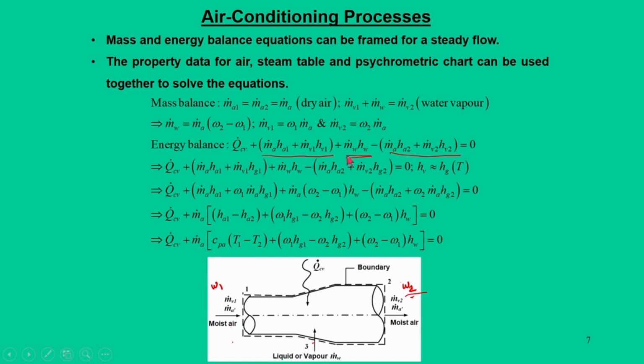Now, here we can simplify these equations by bringing omega 1 and omega 2 into the picture, and ultimately we can frame a very common energy balance equation. And this energy balance equation has basically 4 parts. One is QCV that gets added into the system.